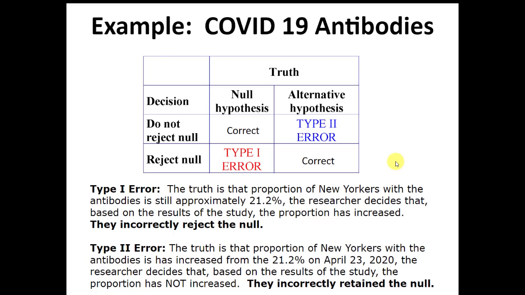A type 2 error would have happened if the truth is that the proportion of New Yorkers with the antibodies has actually increased from 21.2% since the measurement was taken on April 23, 2020. But according to the researcher's study, there is insufficient evidence to show that it has increased. So they have incorrectly retained the null.